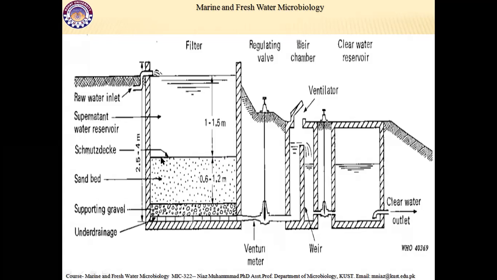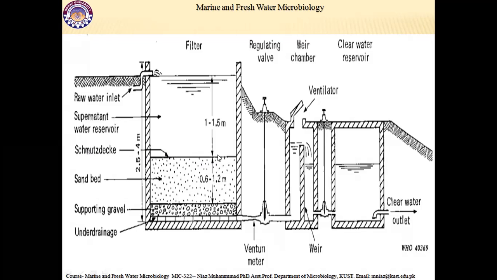We can remove the layer of organic material that forms on the surface of the bed by mechanical means. By a mechanical approach we can remove the scum at some depth.